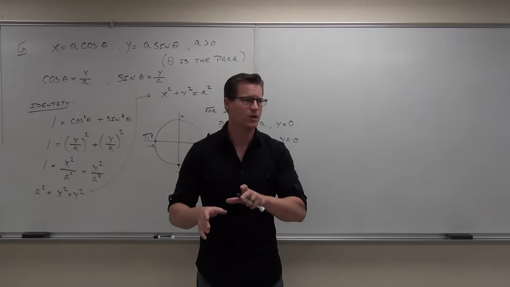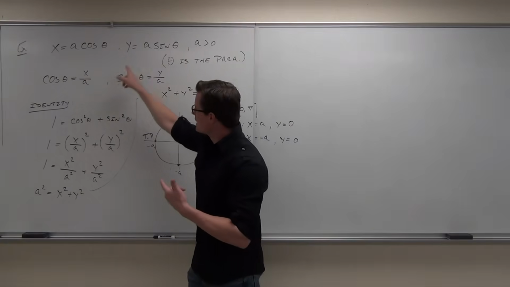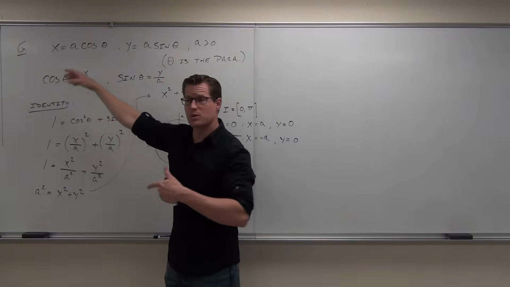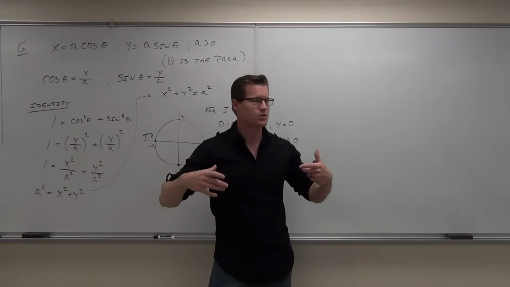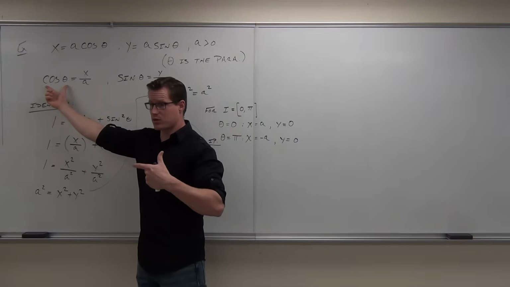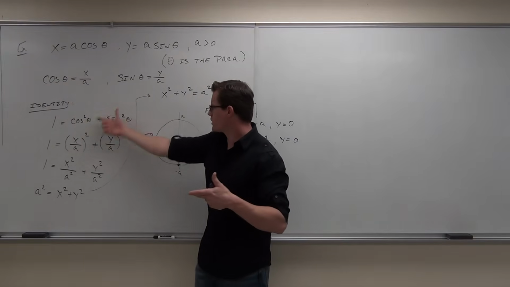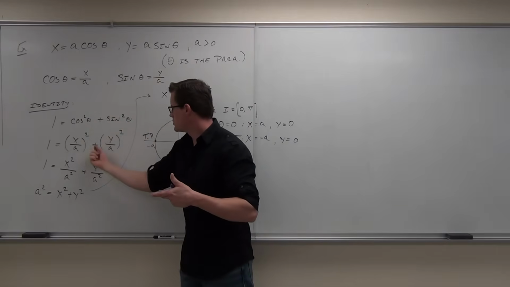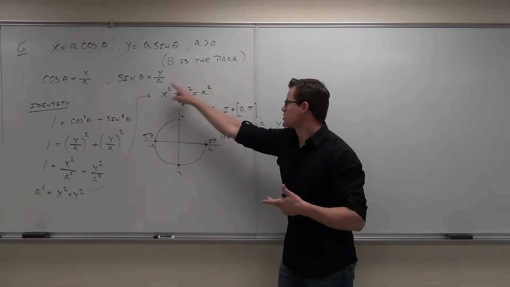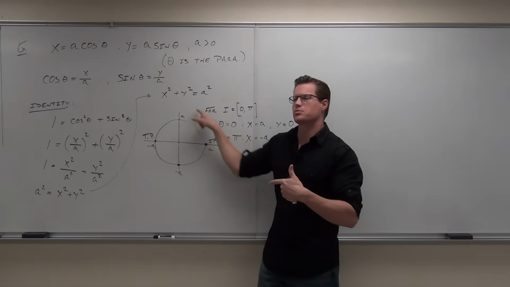So even if you have to use identities like we did here, get a parameter by itself to do a substitution like we did in the first 3 examples, or get at least a trigonometric expression with your parameter in there, and then use an identity to relate them. Not a big deal. We know the identities. Make your substitutions. You now have an expression in terms of x and y. Hey, that's a circle. Center 0, 0. Your radius is a. Draw your picture.